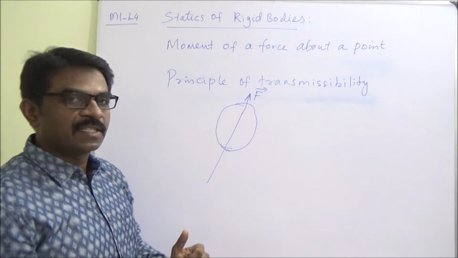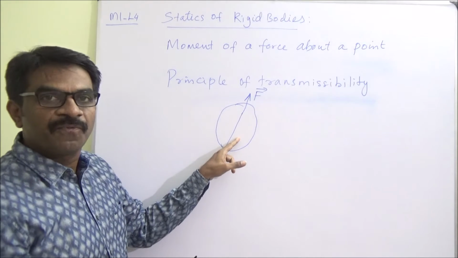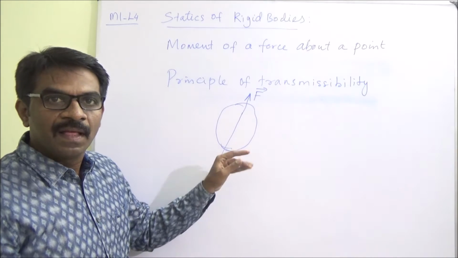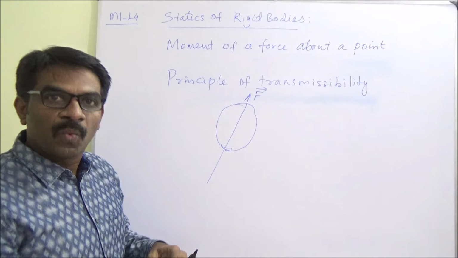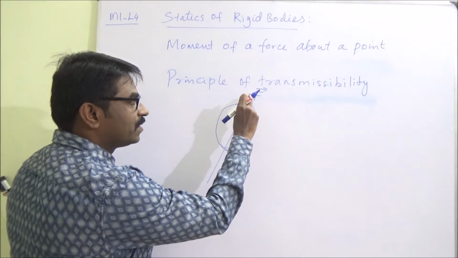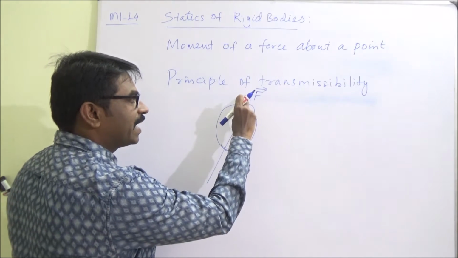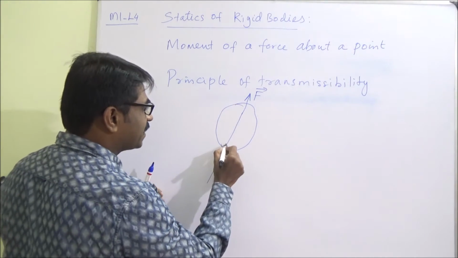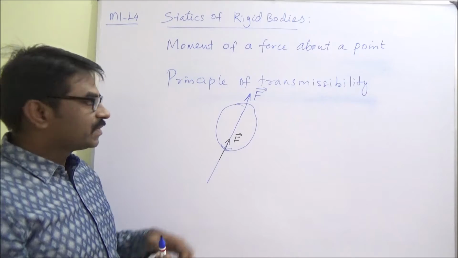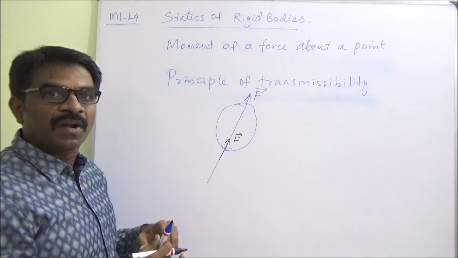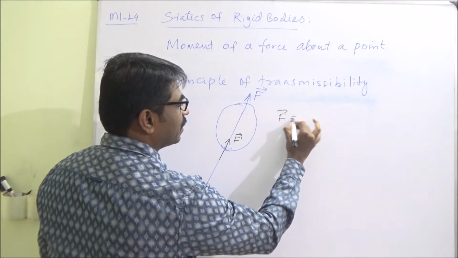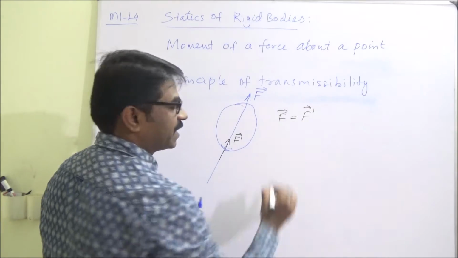According to the principle of transmissibility, the condition of equilibrium or motion of a rigid body will not change when a force of equal magnitude and same direction is acting in the same line of action. Now this force and this force are equal. So if I take this as F dash, F vector equals F dash vector.